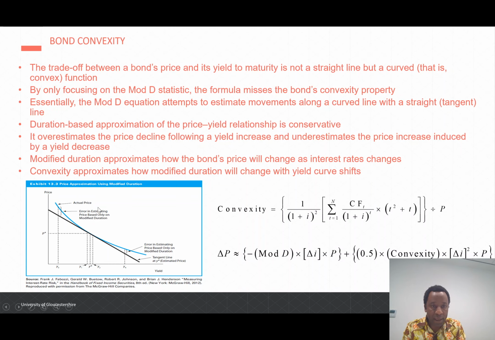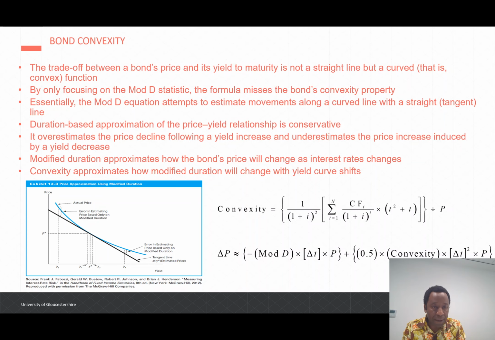And I think this slide here captures the essence of what you need to know, remember, and utilize in your professional life as far as bonds are concerned. So this diagram here pictures the basic relationship that we know exists between the price of a bond and the yield to maturity.